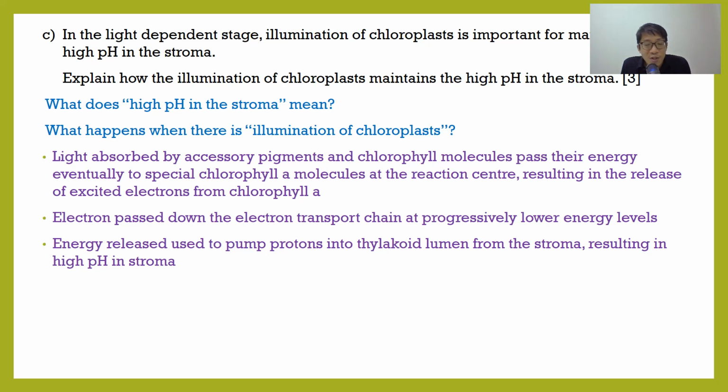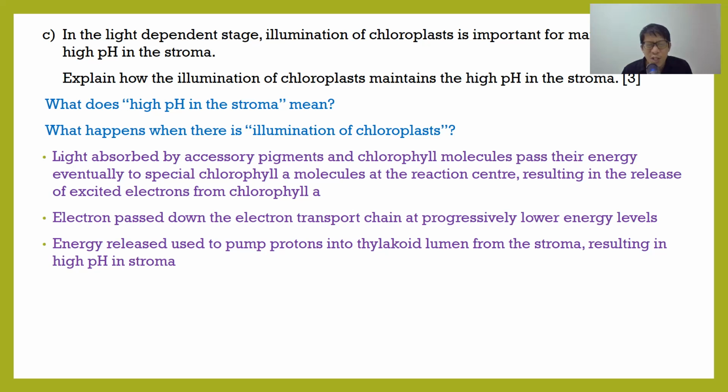Okay, so because H+ are pumped into the thylakoid space, there would be less of them in the stroma, and therefore giving the high pH in the stroma. So starting from when light reaches the chloroplast, all the way to when the H+ are pumped away from the stroma into the thylakoid space.